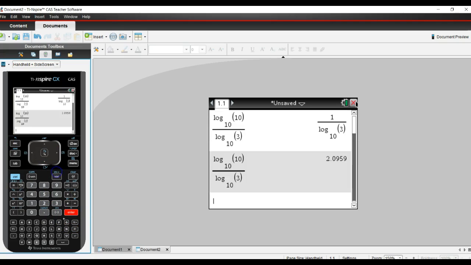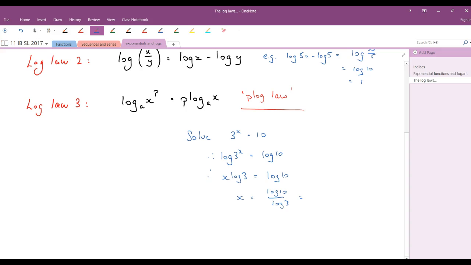I get 2.10, so 3 to the power of x, we knew it was a bit more than 2. So that's how logs are going to help us find solutions to equations using log law 3.